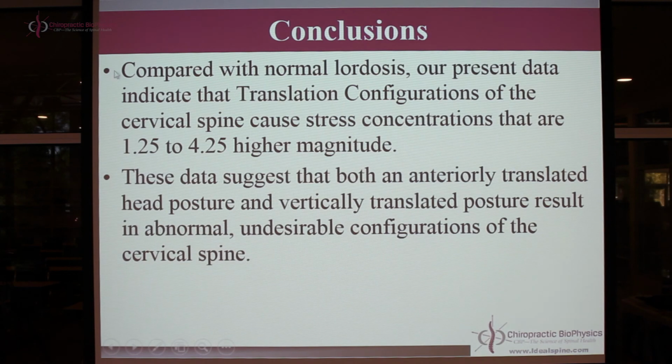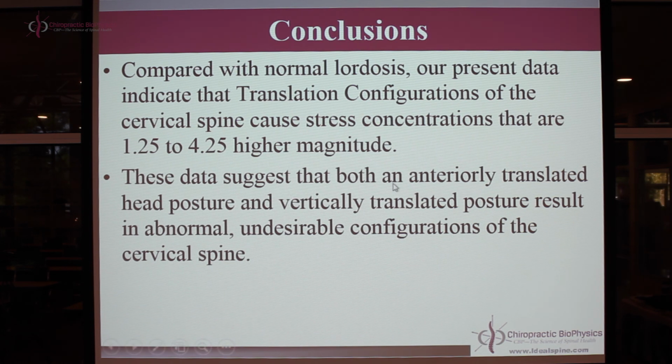In conclusion, here's what we identified in this project. Compared with normal lordosis, our present data indicates that translation configurations in the sagittal plane of the cervical spine cause stress concentrations that are 1.25 to 4.2 times higher in magnitude. They also change directions compared to normal.